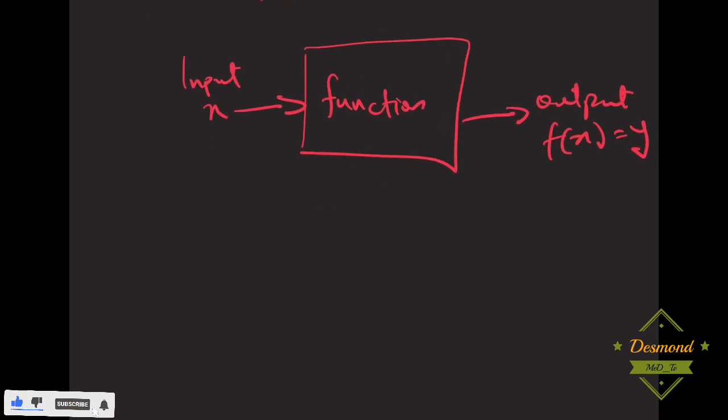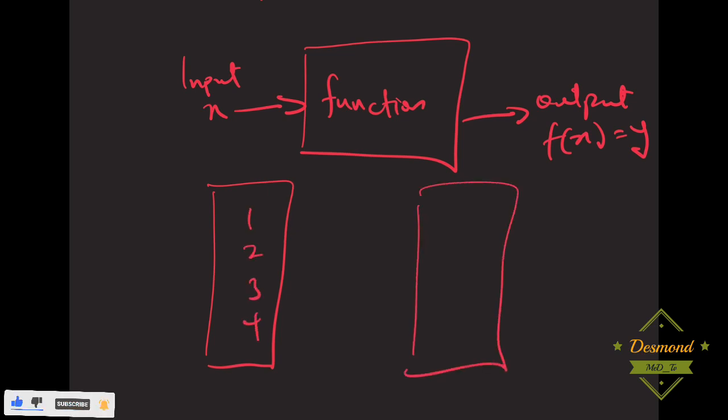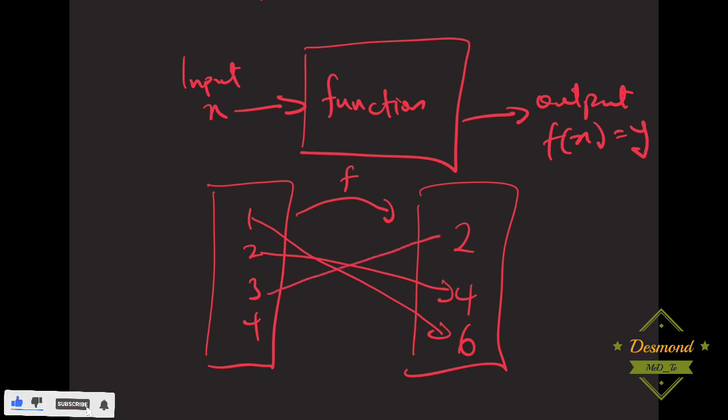Now let's look at another visualization. Let's say we have 1, 2, 3, 4, and another set here which is 2, 4, 6, and let's draw an arrow here. This arrow is f, which is the function. Let's map 1 to 6, 2 to 4, then 3 to 2, and 4 also to 2.